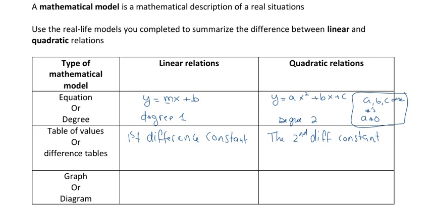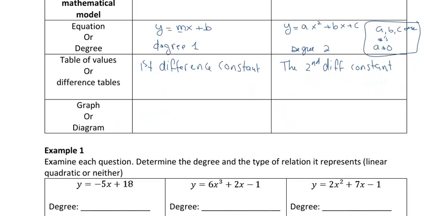Okay, the graph of a linear function is a straight line, so it would look like this, or it could look like this, one or the other, right? For the quadratic, it's a parabola, which is either opening down or opening up.